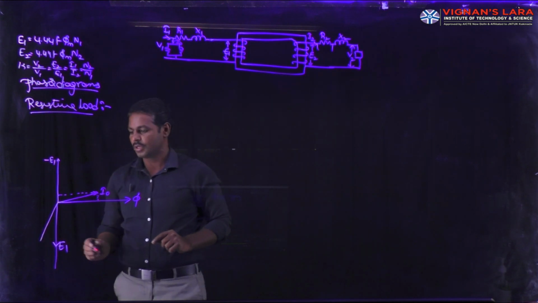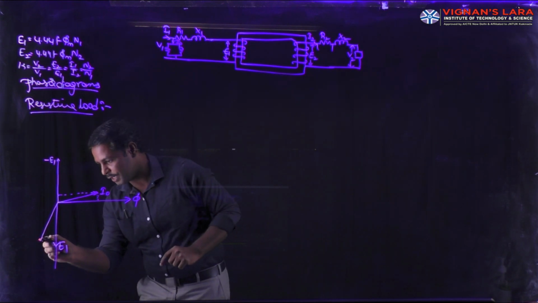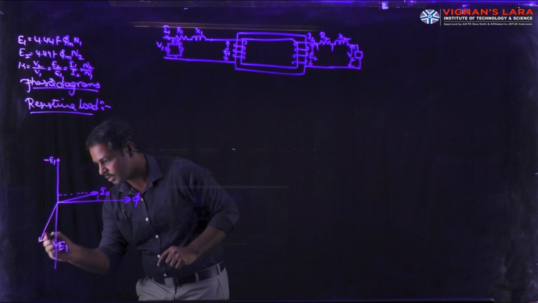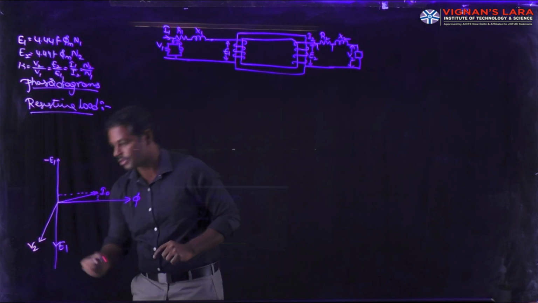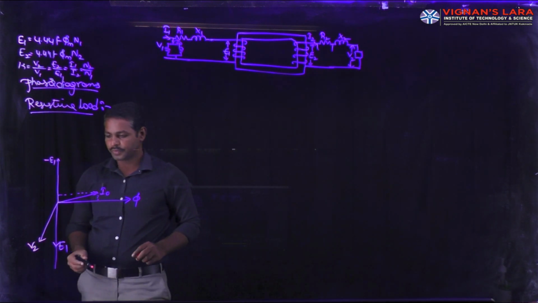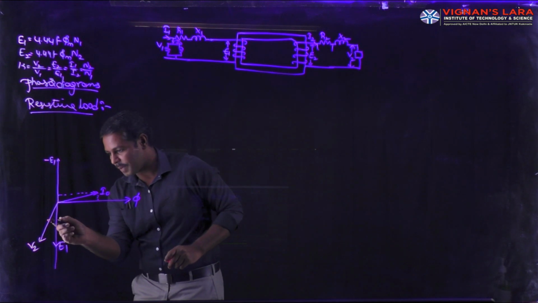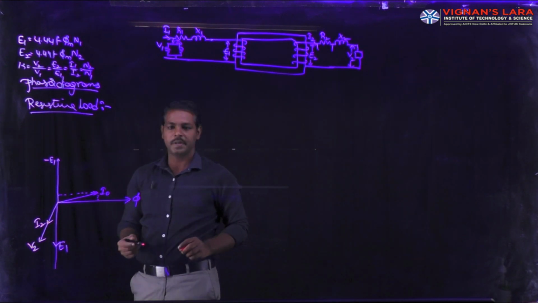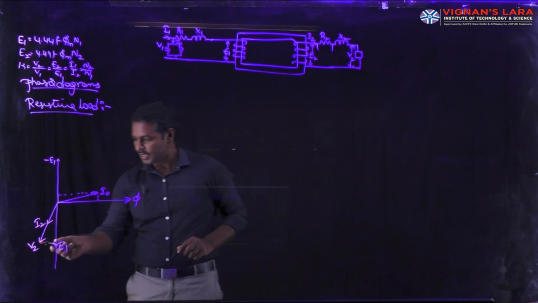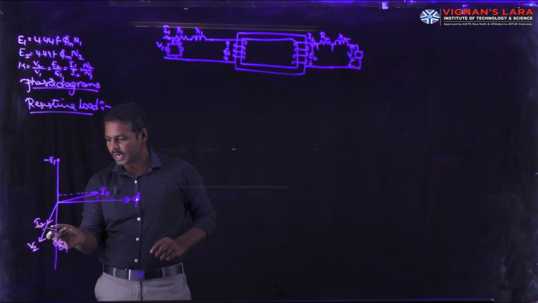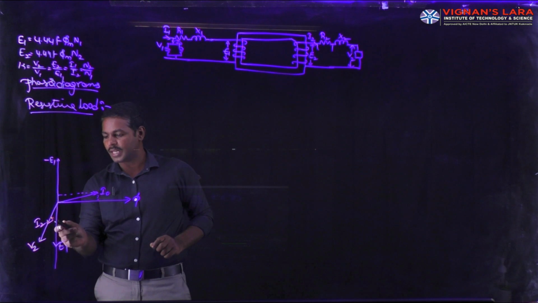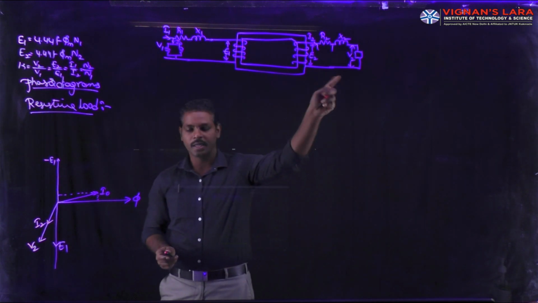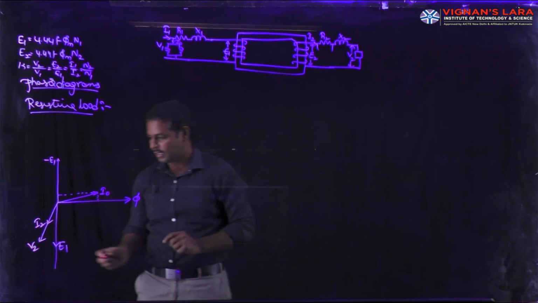So the magnitude of current is in phase with voltage. V2, with corresponding current I2, because these two are in phase when we connect the resistive load.